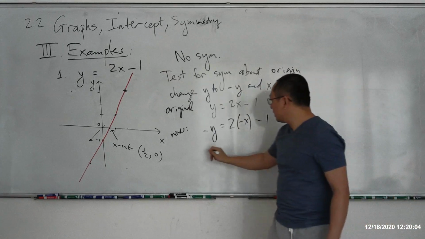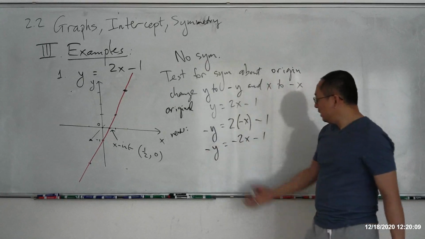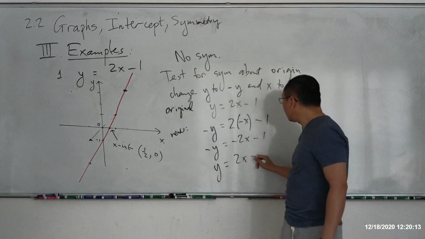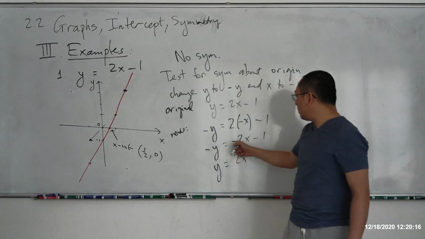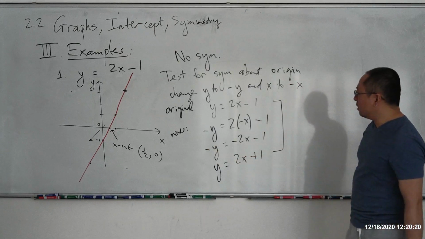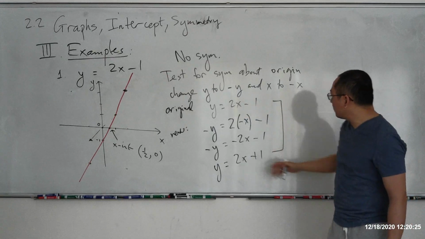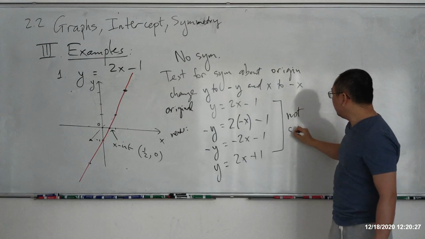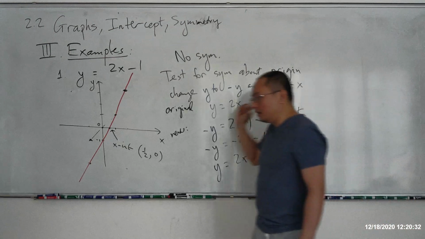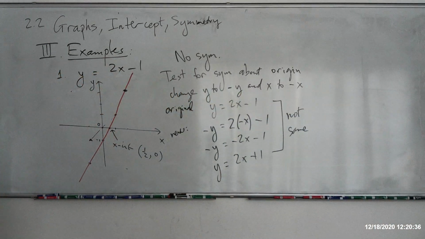Let's simplify this: negative y equal to negative 2x minus 1. Divide both sides by negative 1. I get y equal to 2x plus 1. Comparing the original equation, 2x minus 1, to the new one, 2x plus 1, it's not the same again. So it's not symmetrical about the origin. Not symmetrical about the x-axis, not symmetrical about the y-axis, not symmetrical about the origin.